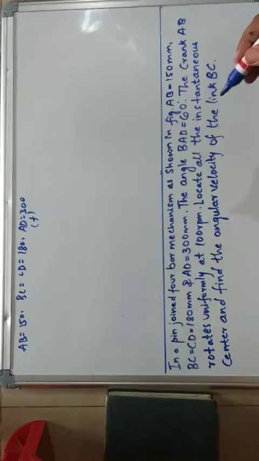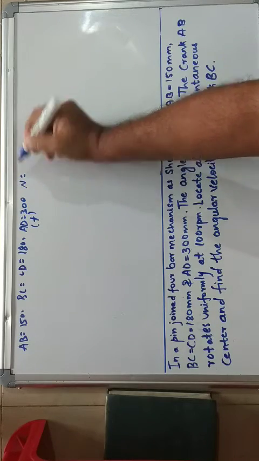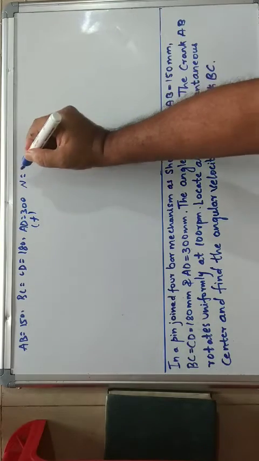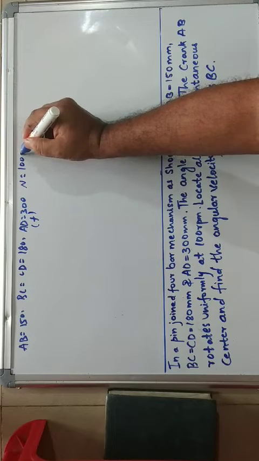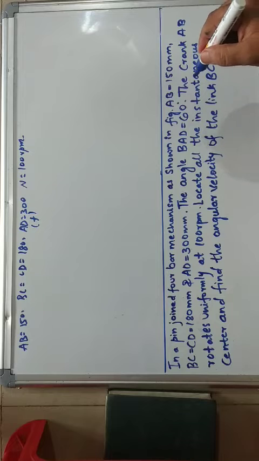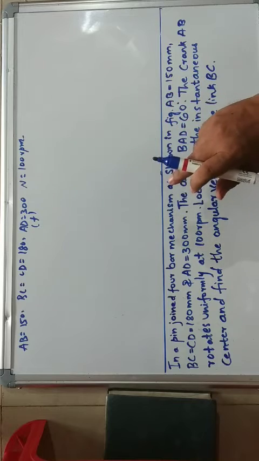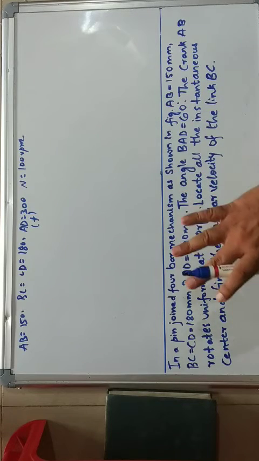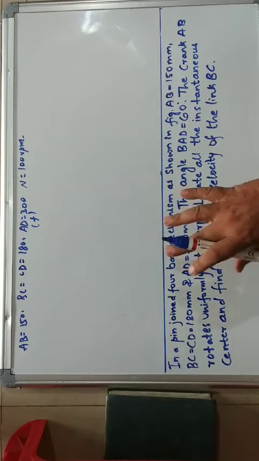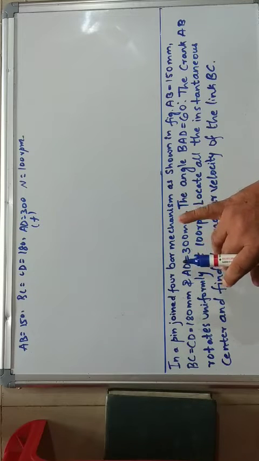N is the crank speed, of AB, which is 100 rpm. We have to locate all the instantaneous centers and find the angular velocity of the link BC. After writing the given data, as I told you, the first and foremost step is to draw the configuration diagram. Then we proceed further.